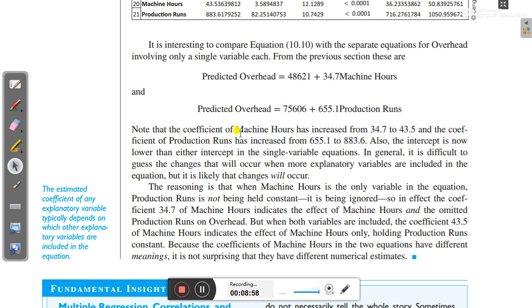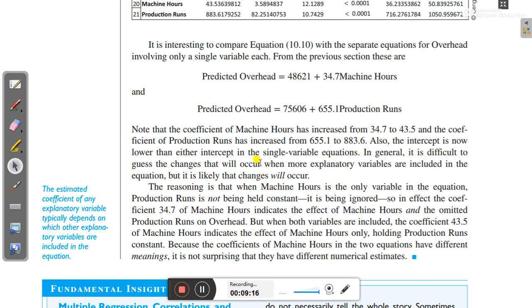Note that the coefficient of machine hours has increased from 34.7 to 43.5, and the coefficient of production runs increased from 655.1 to 83.6. Also the intercept is now lower than either intercept in the single variable equations.